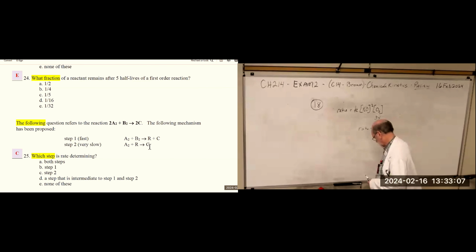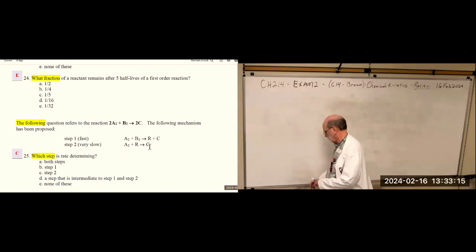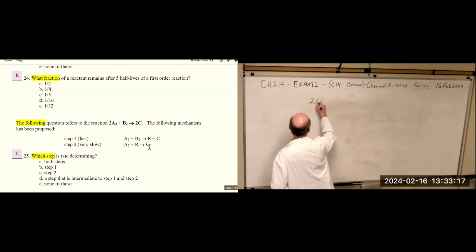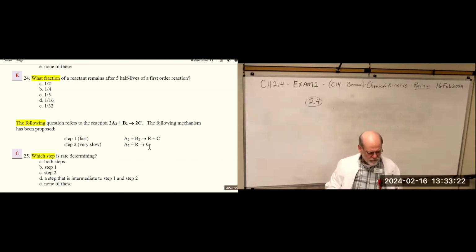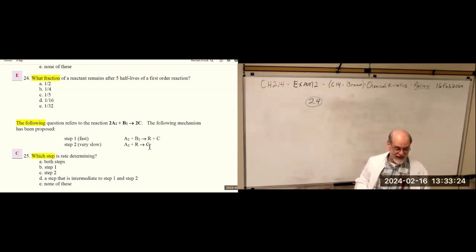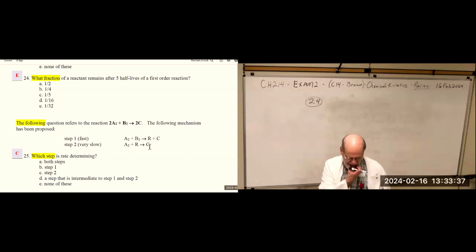We'll stop at 24. Okay, 24. What fraction of a reactant remains after 5 half-lives of a first order reaction?